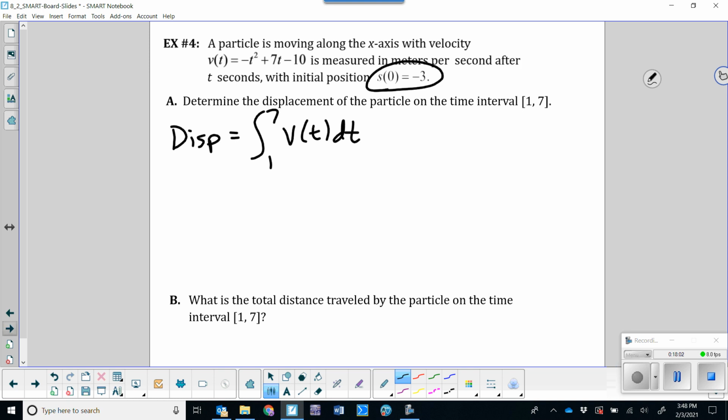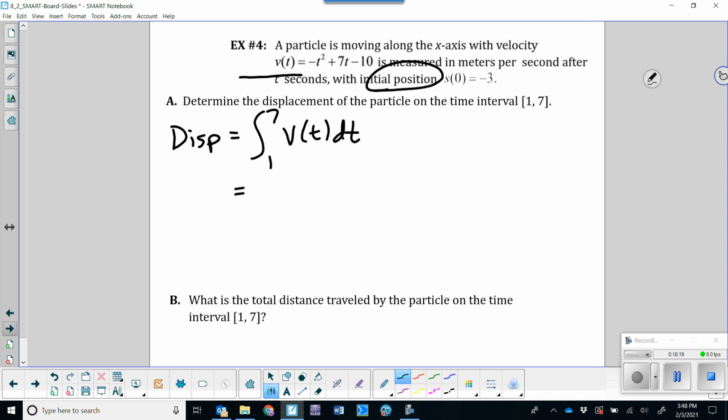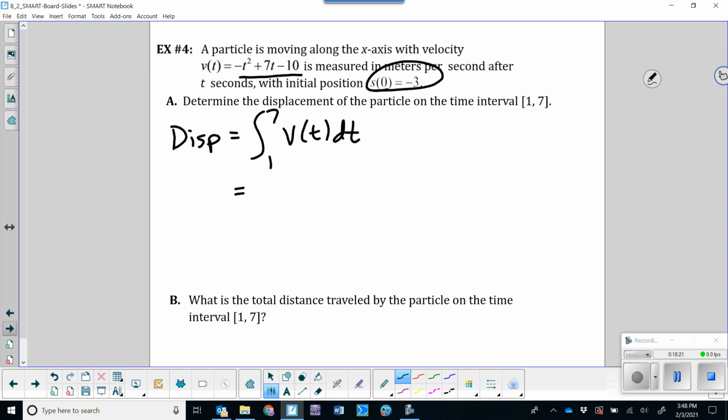Now, if this is not a calculator question, then that means I would actually have to do that integral. So I probably wouldn't have written v of t dt in that case. I probably would have gone ahead and written out what I have, but I'm just going to look up here and integrate it from there. So I have minus t squared, so that's going to be minus t cubed over 3 plus 7t squared over 2 minus 10t, and I'm integrating that from 1 to 7.